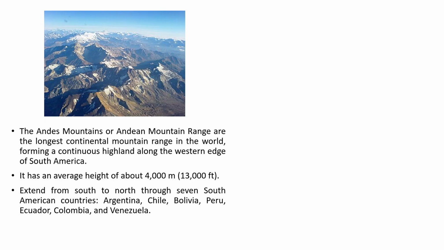Anyway, going into the details a little more. So this place, if you can recognize by any chance, these are the Andes Mountains. Okay, and they're a super long continental mountain range. As you guys would know, they're in South America and they extend along the western coast of South America. And it's super high above mean sea level.